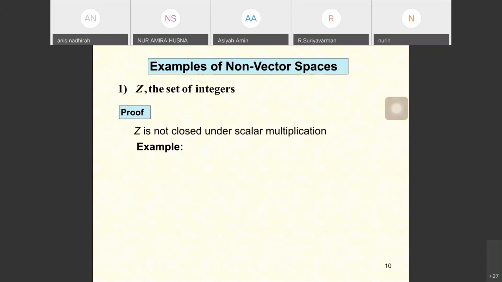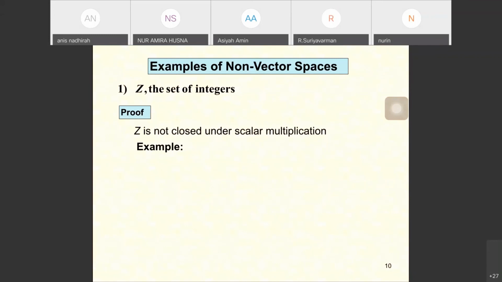Take any example. Take any integer. Okay, 2. And then take any C in real numbers that makes it not, when we times that C with this 2 it is not an integer in Z. Yeah, so it's not an integer.